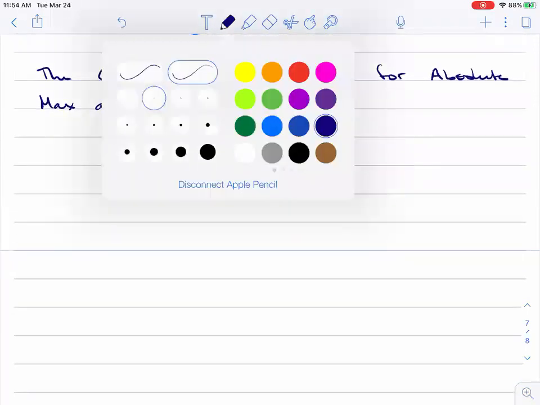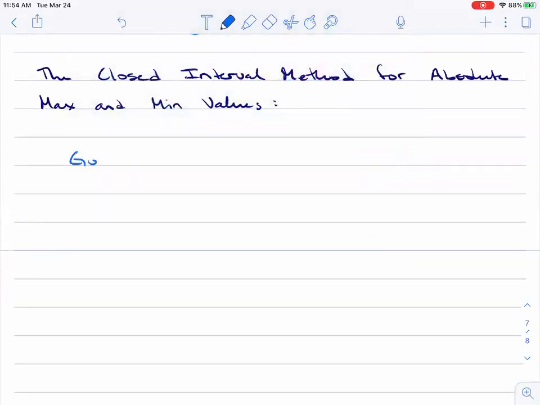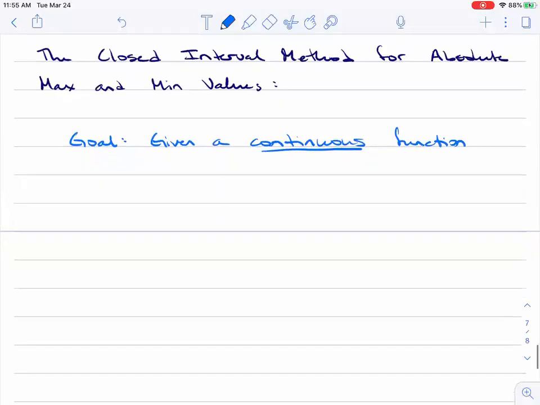So the goal of this thing is that as long as we have a continuous function on a closed interval, we will be able to find an absolute max or a min. So given a continuous function on a closed interval, right?